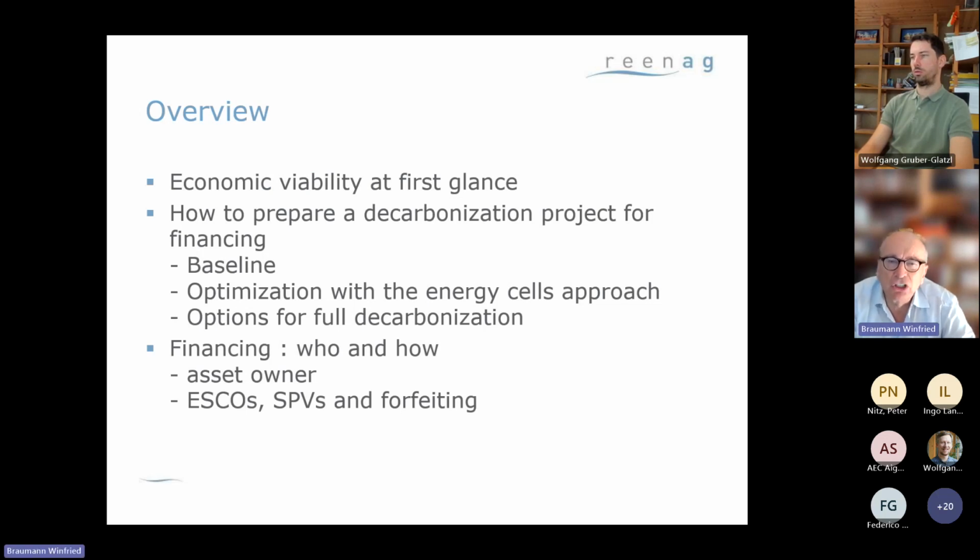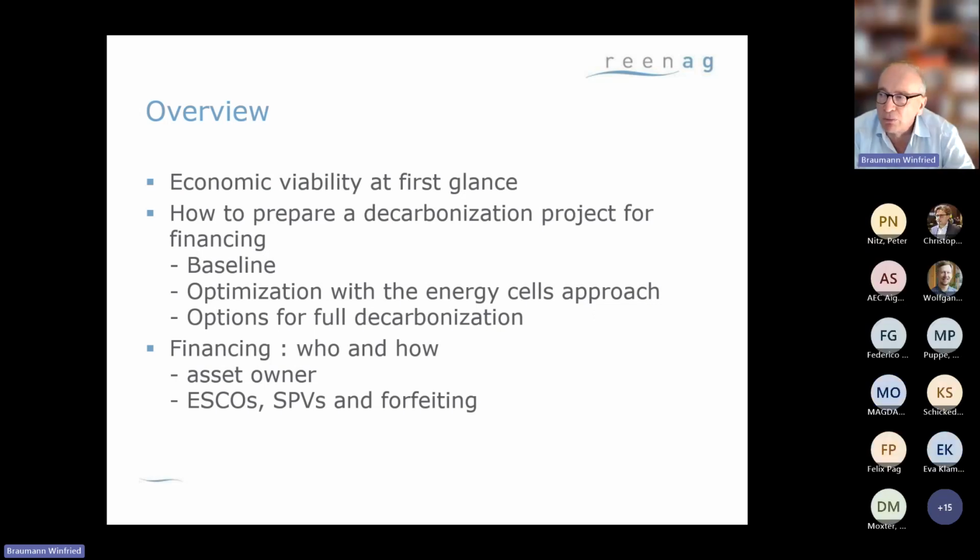In my presentation, I would like to show how the economic efficiency of such projects can be analyzed and presented, and how economically viable projects can be financed. Having said this, what I will now show is not only applicable to solar thermal generation systems, but in principle to all decarbonization projects.